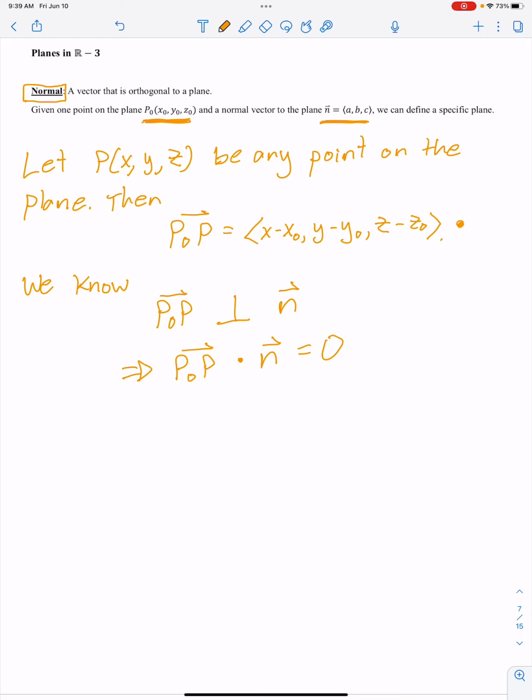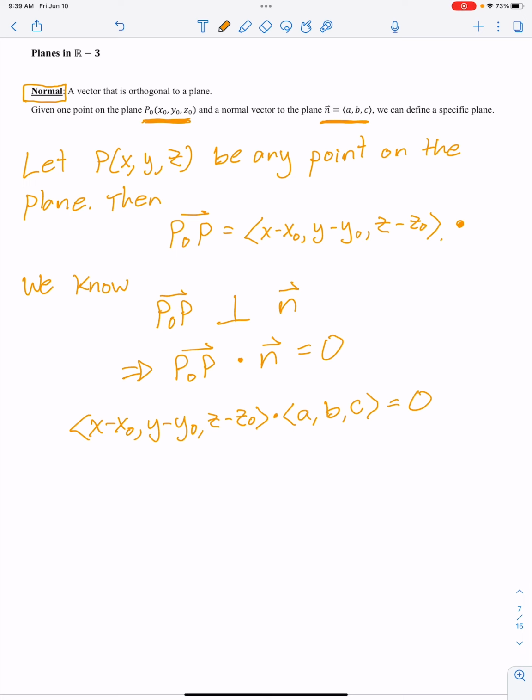Now I'm going to use the definition of each one of these to come up with the definition for a plane. All right, the definition of P naught P is x minus x naught, y minus y naught, and z minus z naught. That's going to be dotted with A, B, C. That's just the way we defined n up there, to get 0.